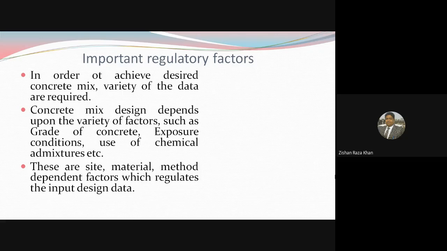Okay, so concrete mix design depends on a variety of factors such as, obviously, grade of concrete, then exposure conditions, use of chemical admixtures, and curing conditions, etc. So let us discuss how to figure out what are the conditions which we need to consider.